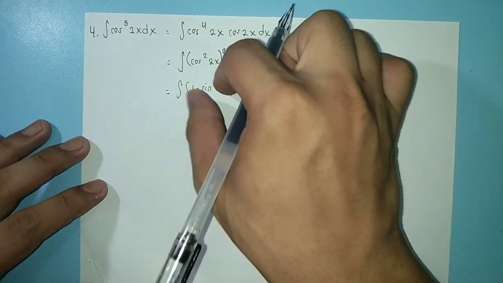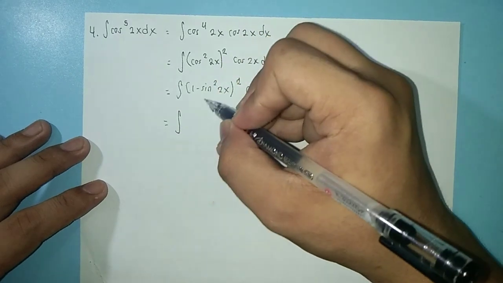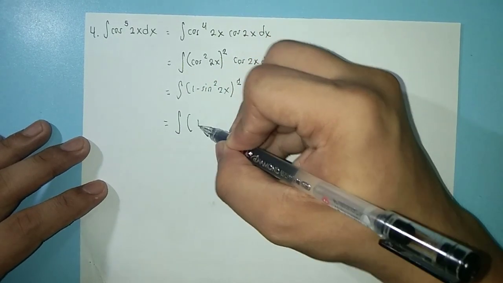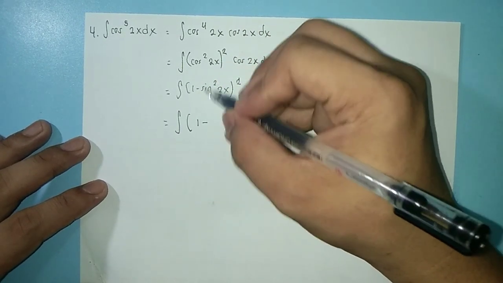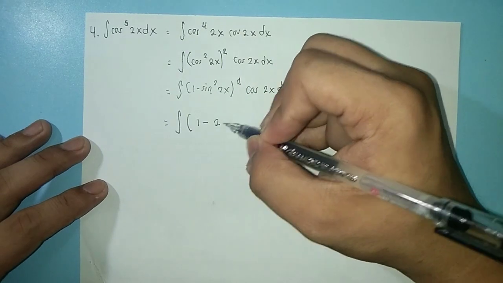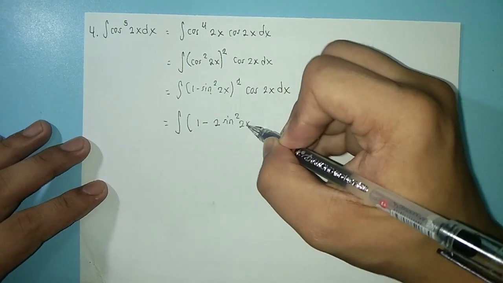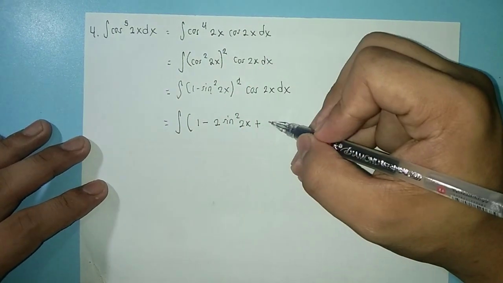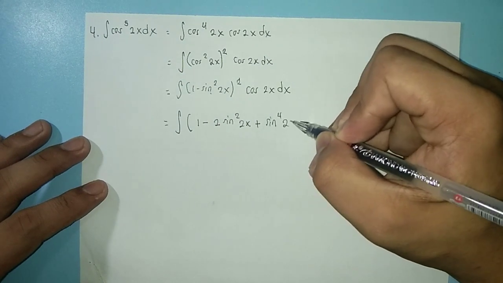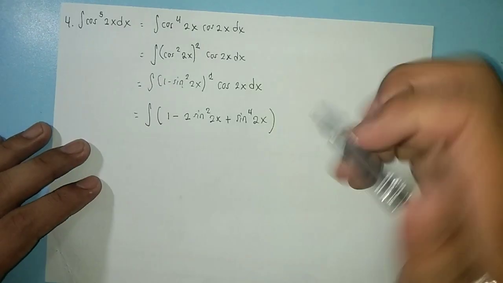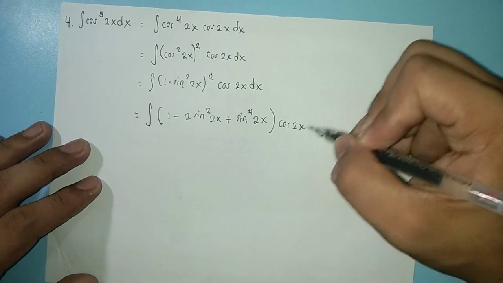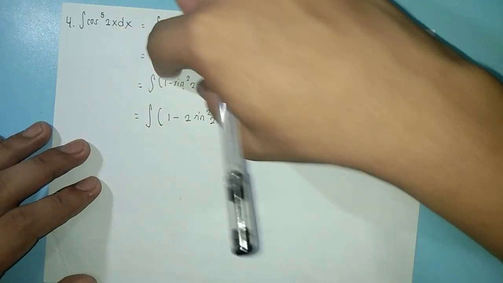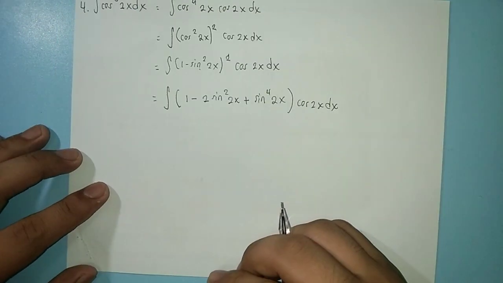Tapos, ito, i-expand natin to. So, magiging 1 minus, sa algebra na lang to, okay, 2 square of sine 2x plus, ito raised to 4. Pag in-square natin, raised to 4. So, in-expand lang natin, then cosine 2x dx. So, sa algebra to. Okay, so pwede nyong i-review sa algebra.